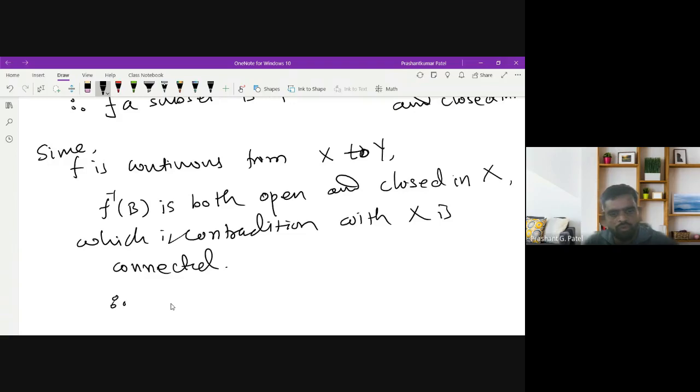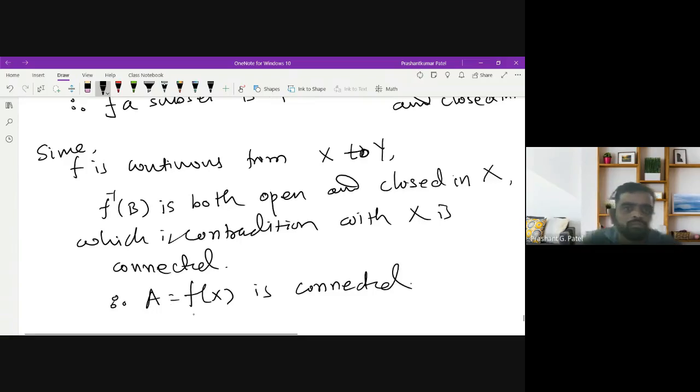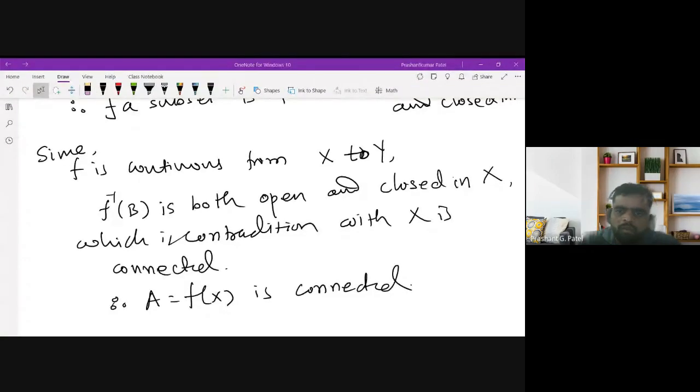And therefore, this A, which is f of X, is connected. So this completes the proof of this theorem, which tells you that the image of a connected set is connected. If you have any question, you can ask.